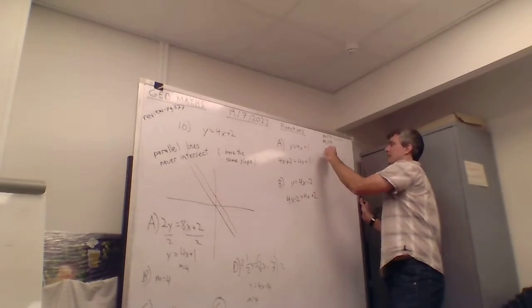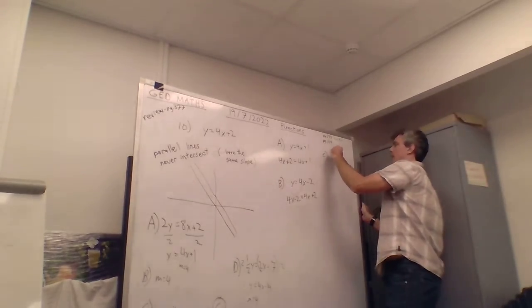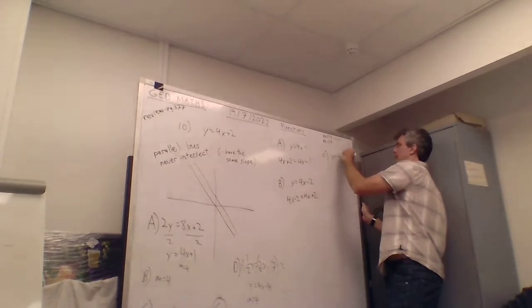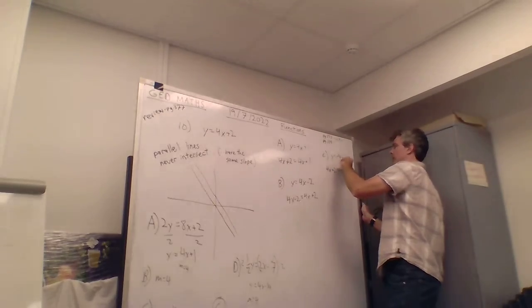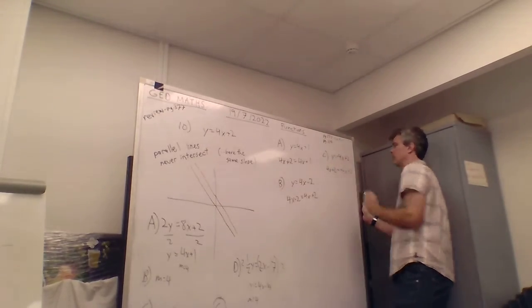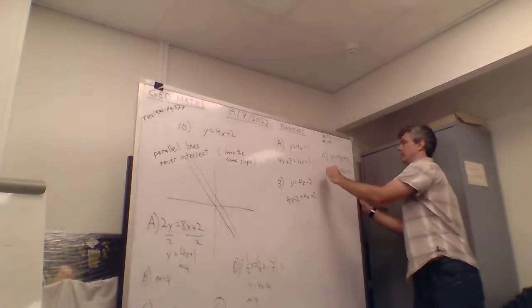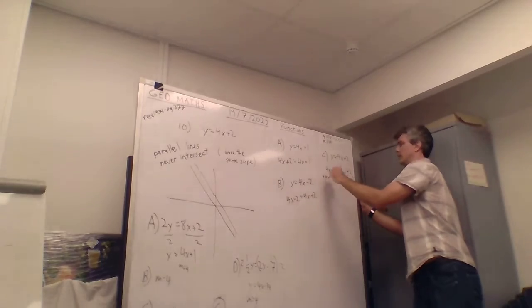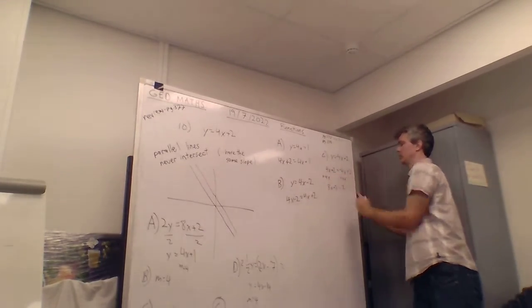Alright? C, we did y equals minus 4x plus 2. Okay, so now we have 4x plus 2 equals minus 4x plus 2. Now here we can do something. We can add 4x to both sides. We get 8x plus 2 equals 2.